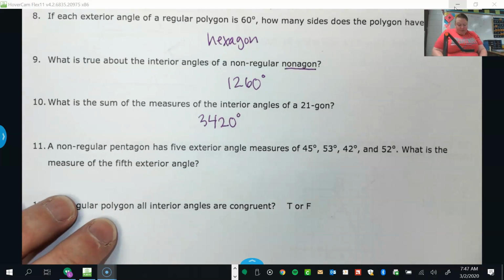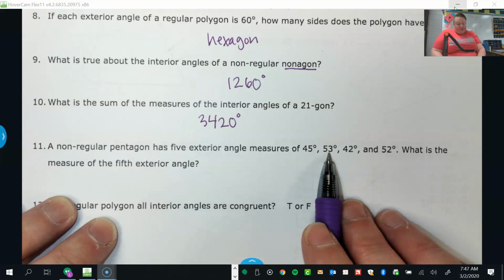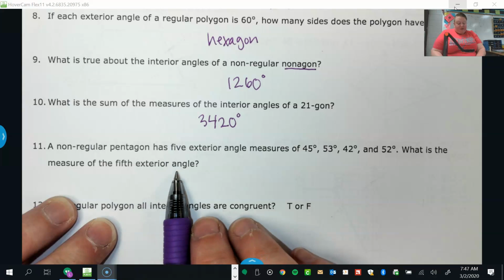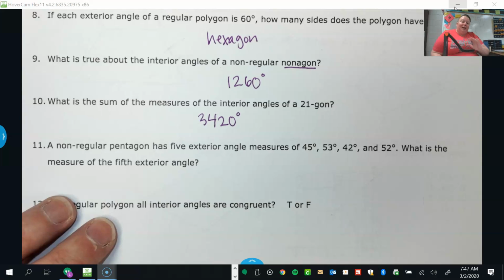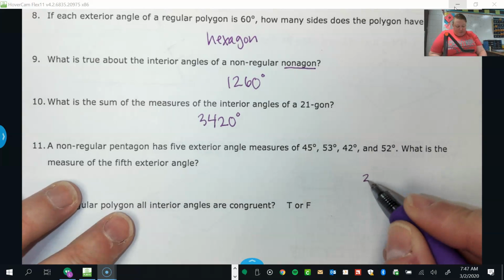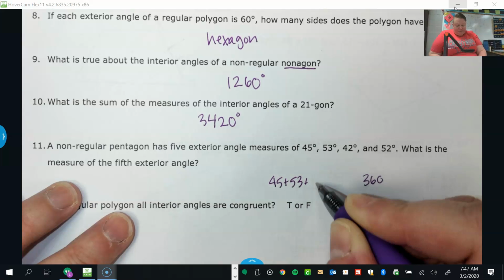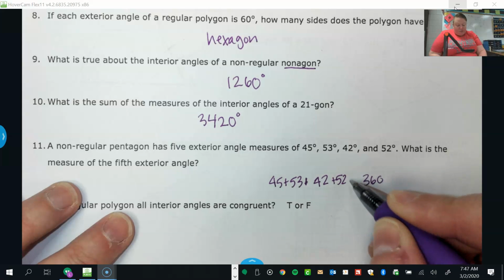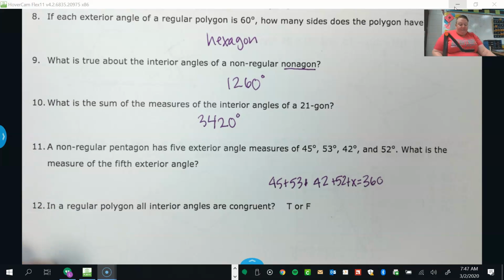A non-regular pentagon has 5 exterior angles; four of the measures are 45, 53, 42, and 52. What is the measure of the 5th exterior angle? Well, we know that the sum of the exterior angles in any polygon is 360. So 45 plus 53 plus 42 plus 52 plus that last one, x, is equal to 360. I'm just going to use my calculator here.